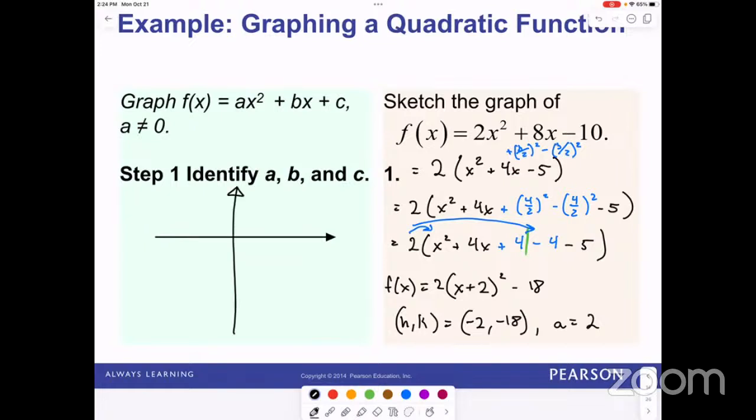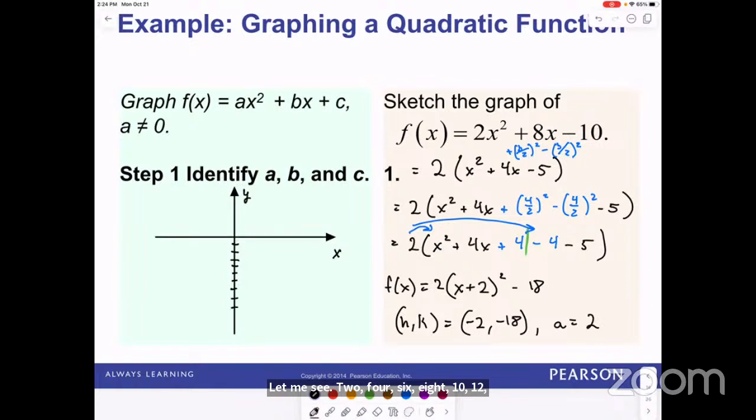So this is our positive x in this direction, positive y in this direction. We need to get down to like negative 20. Let me see. 2, 4, 6, 8, 10, 12, 14, 16, 18, 20.